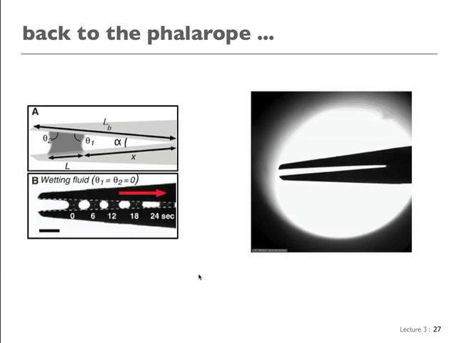It was quite celebrated, and they were able to explain this whole mystery with just surface tension and contact angle hysteresis, and they were able to demonstrate this in experiments. For those of you who are interested in knowing more details, I will give you some material online.